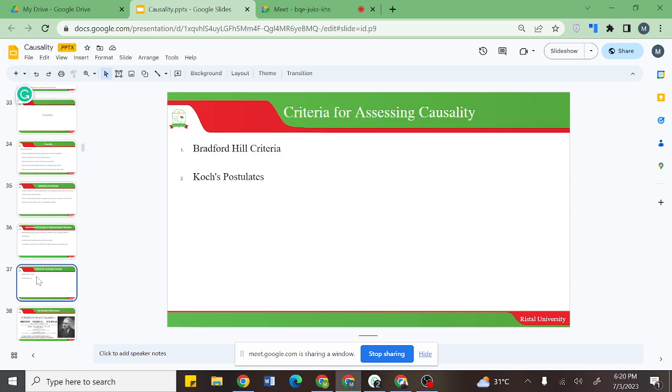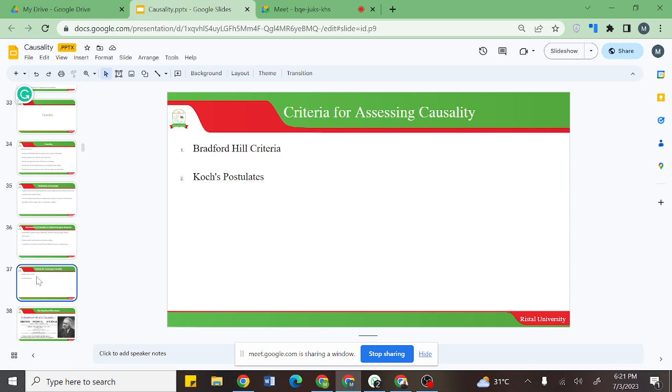So how do we know that a given risk factor X is responsible for a disease Y? We usually follow two criteria.